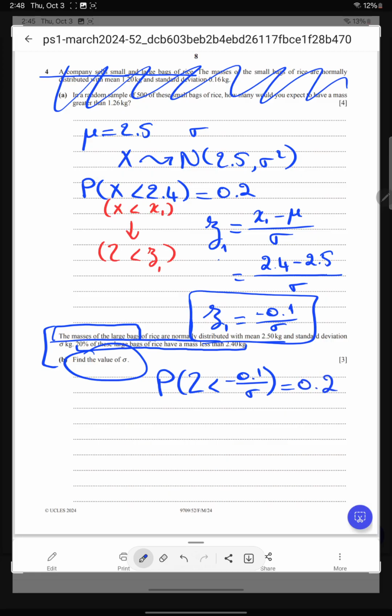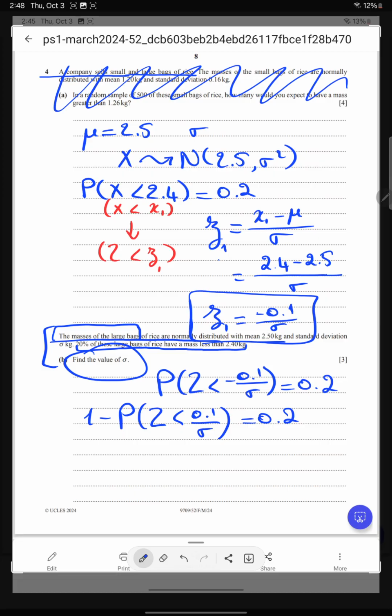Now look, usually we can say that P of Z is less than something positive. But here, sigma is positive, 0.1 is positive, so here we have a negative number. How to deal with negative numbers? We simply say that 1 minus P of Z less than 0.1 over sigma is equal to 0.2.